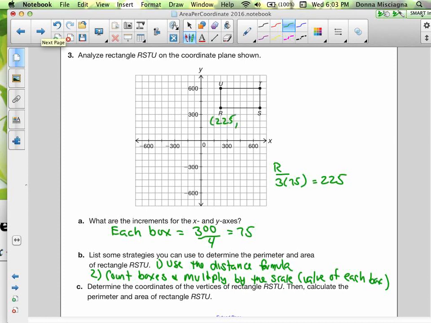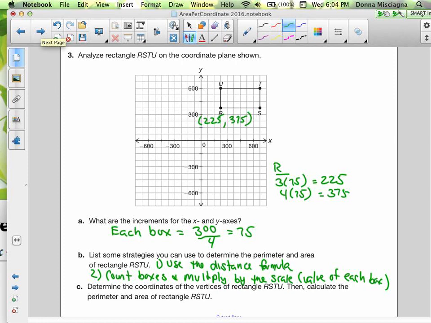If you notice, the y value is just one more box than 300. So for the y value, I can either do it as 4 times 75, or I can just add 75 to 300. Either way, it's going to be 375. So R here is located at 225, 375.